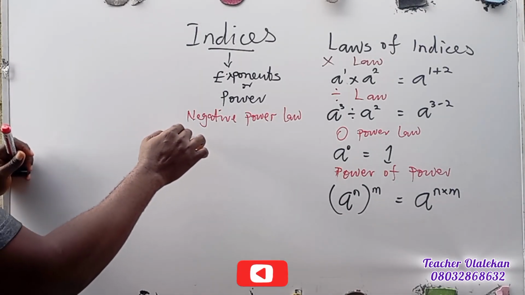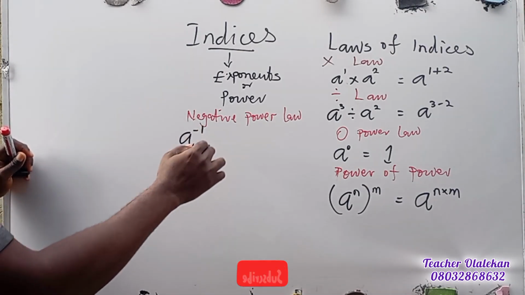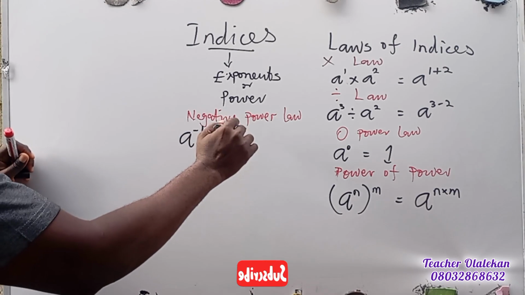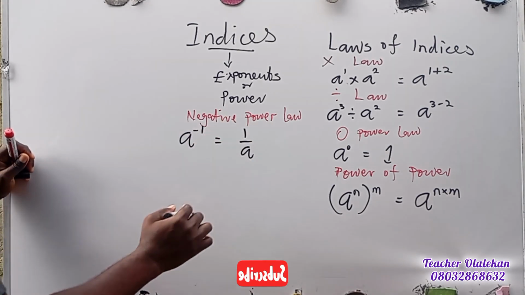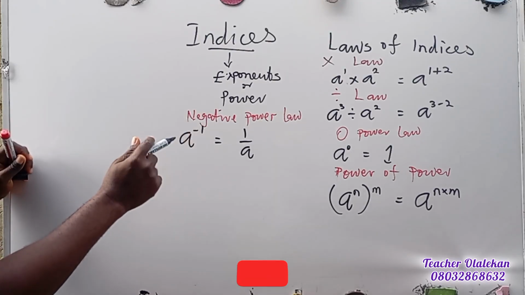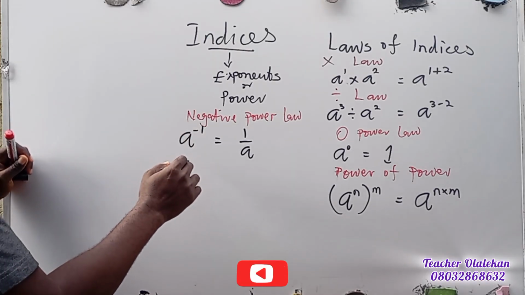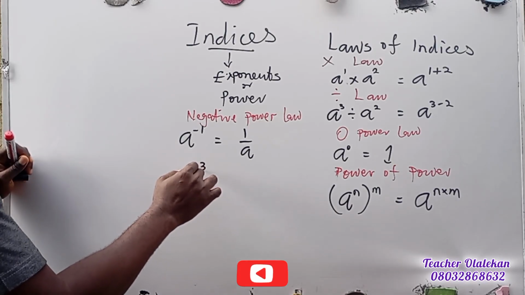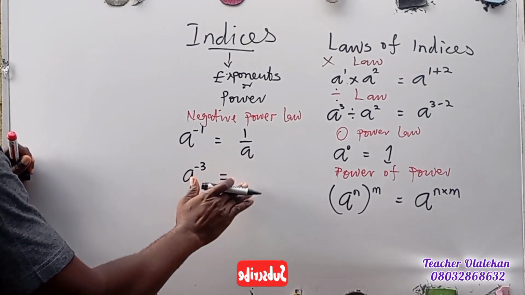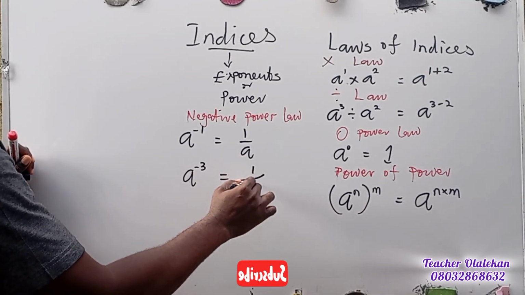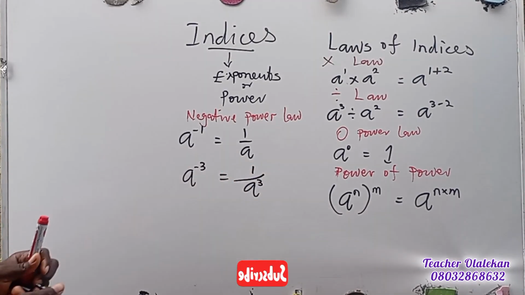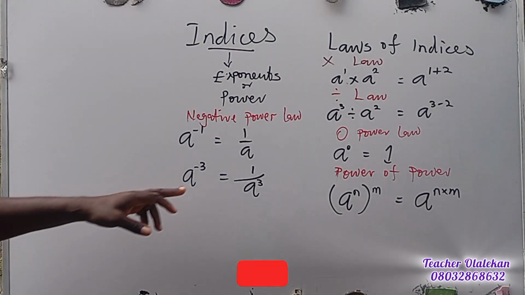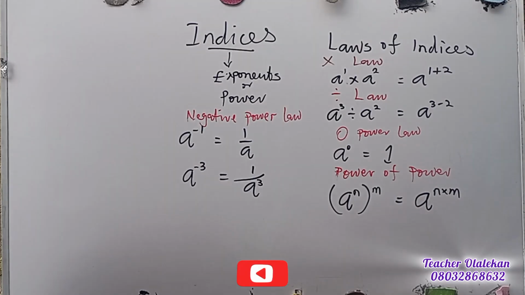For example, a raised to power negative 1 will be equal to 1 over a. And okay, let's make our exponent bigger than 1. Let's have a raised to power negative 3. That would be 1 over a raised to power 3. So that is the negative power law.